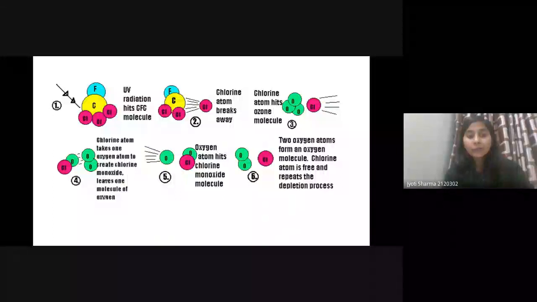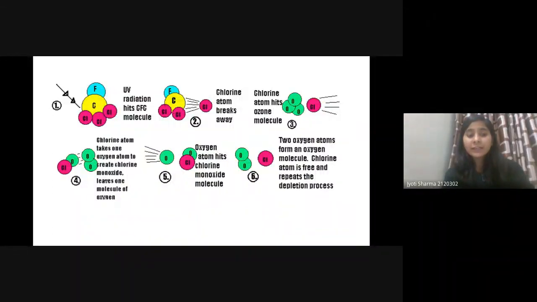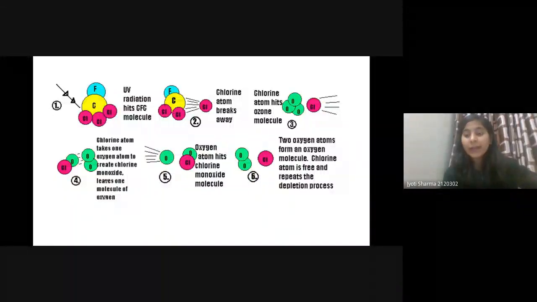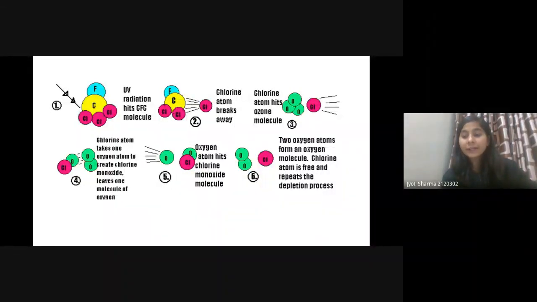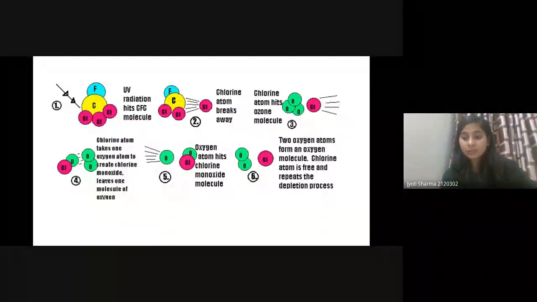And then what will happen? One atomic oxygen will react with the ClO, and this will release the chlorine. This will free the chlorine. So now we have the chlorine as it is, and the ozone has been broken down into oxygen.